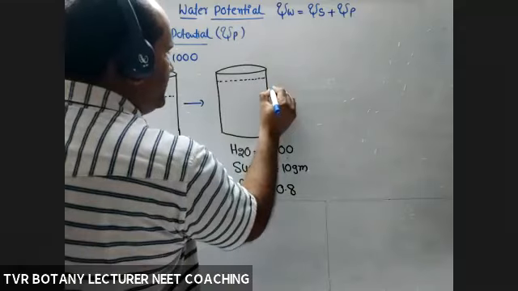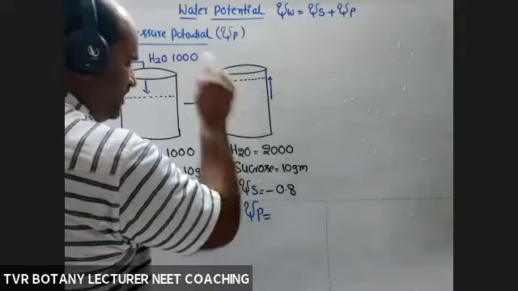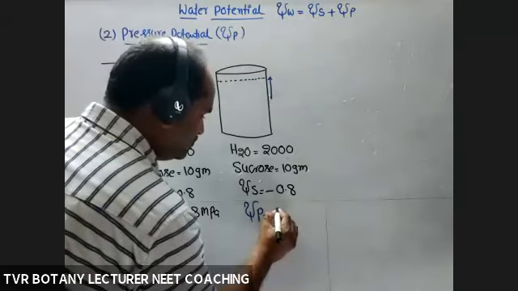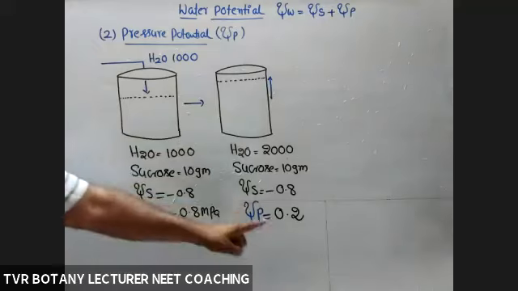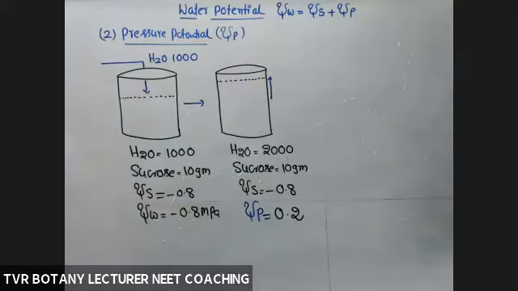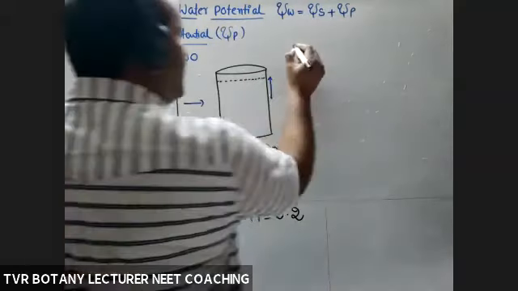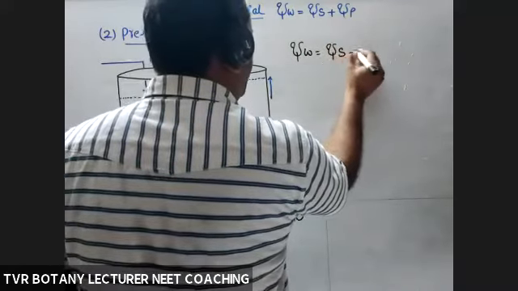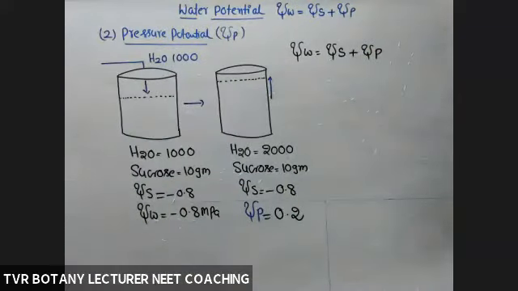Because of the rise in the sucrose solution from here to here, the pressure rise is, for example, only positive 0.2. So the pressure of the sucrose solution increased. Now, according to the equation, psi W is equal to psi S plus psi P.